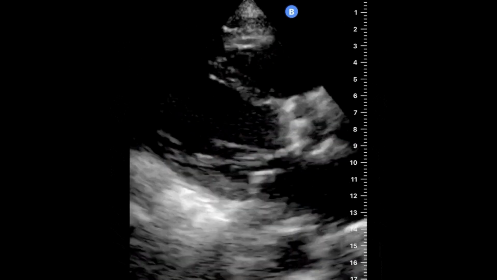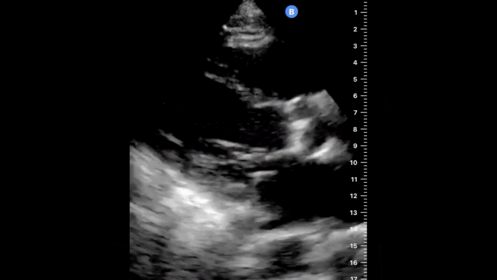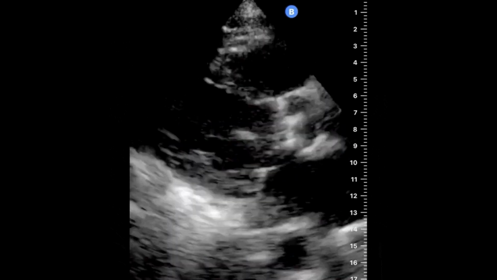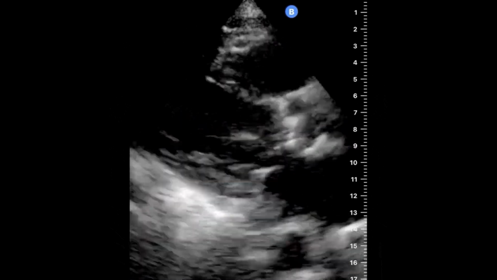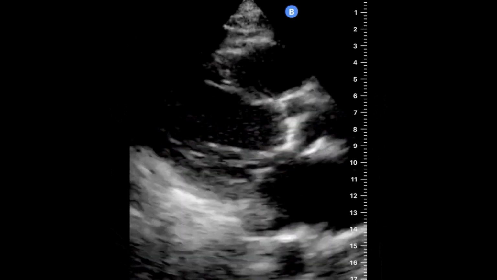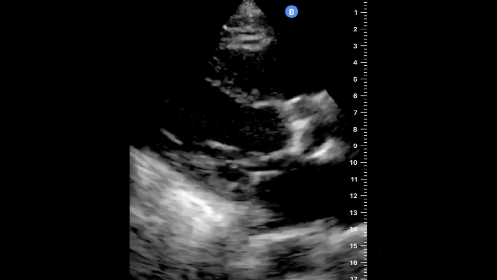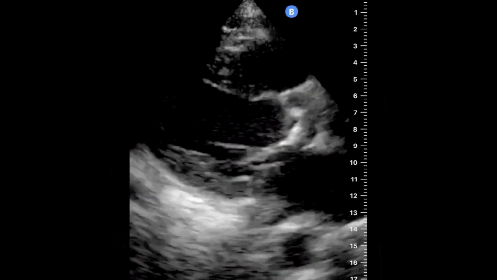And I think that's all you need to know. Whether it's mild, moderate, or severe, I don't think you need to figure out. But when you see that, it's going to be severe aortic stenosis without doing any measurements. And you see how easy that is to spot. When you have nice, supple valves, that's sometimes difficult to see, but that's quite obvious.